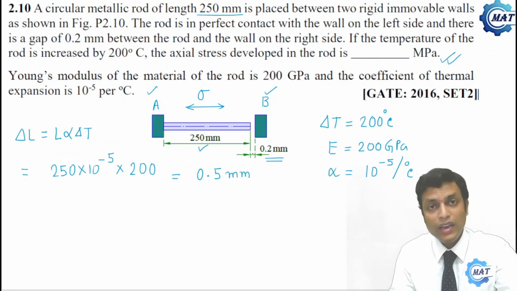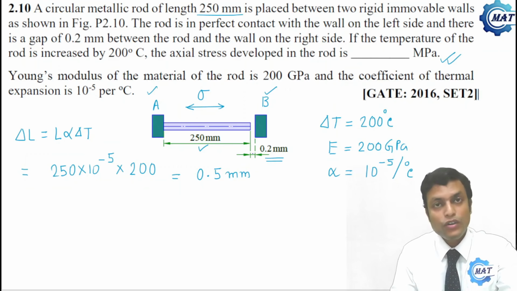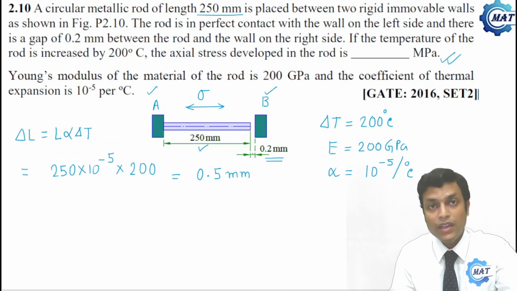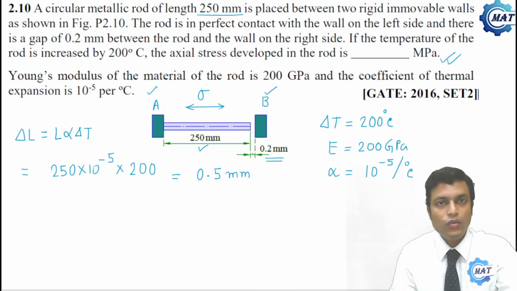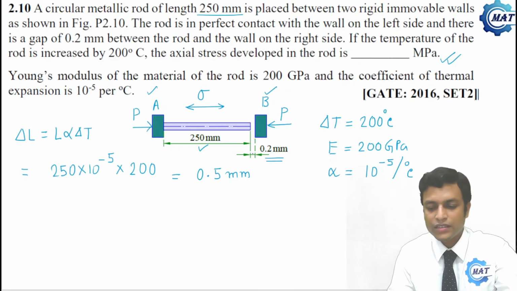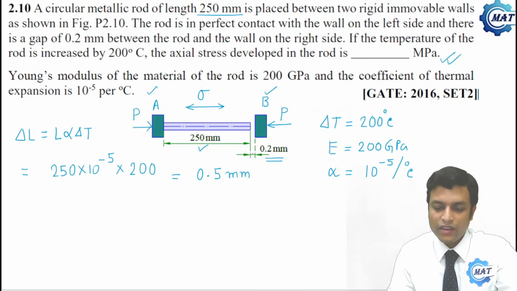So the rod will elongate more than the gap available here. So what happens? After elongation of 0.2 mm, the rigid walls A and B will not allow the rod to elongate by providing compressive force P, and that compressive force will generate stress inside the rod, and P by A is the value of stress.